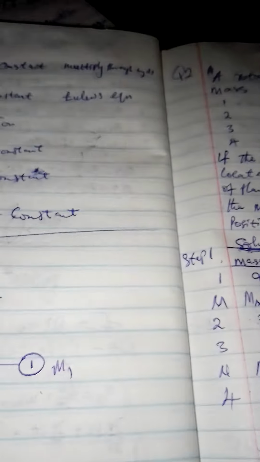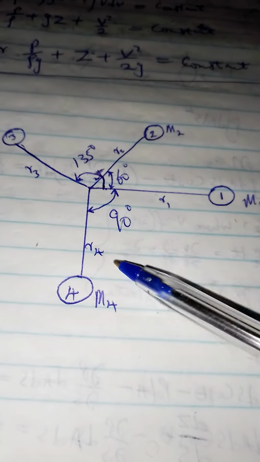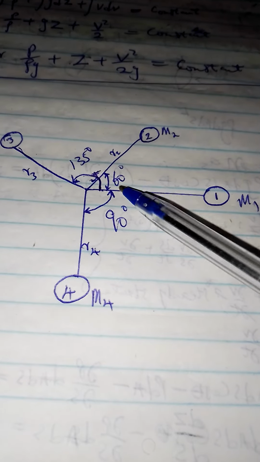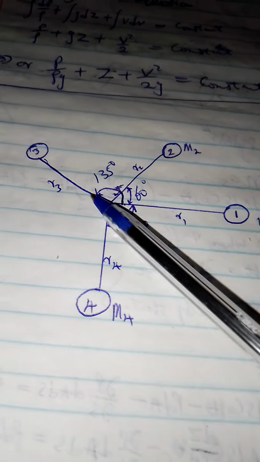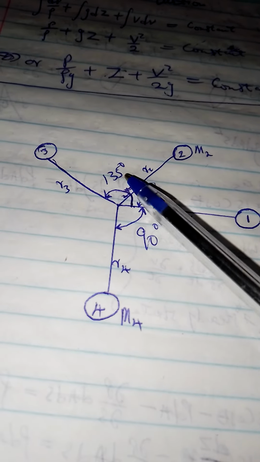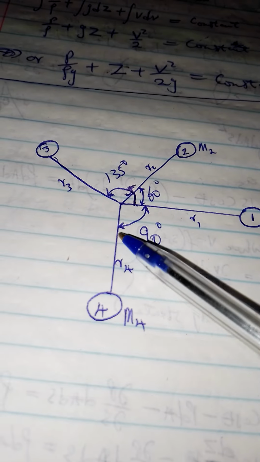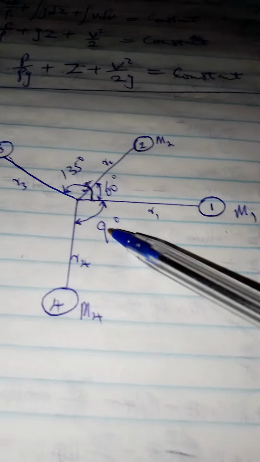Then the second step is to draw the force polygon or vector diagram. So you have that from mass 1, which is at 0 degrees, to mass 2 is 60 degrees. Then from mass 1 to mass 3 is 135 degrees. From mass 1 to mass 4 is 270 degrees, which is 90 degrees anti-clockwise. So that's how I have 90 degrees here.